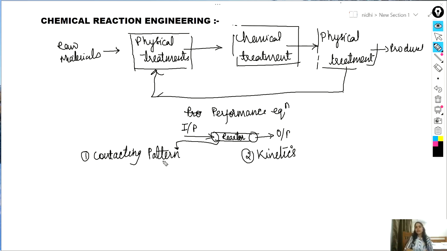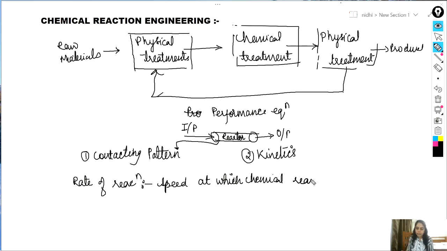Now let's discuss what is the meaning of rate of reaction. Rate of reaction is the speed at which a chemical reaction takes place, and it is defined as proportional to the increase in the concentration of a product per unit time and to the decrease in the concentration of reactant per unit time.